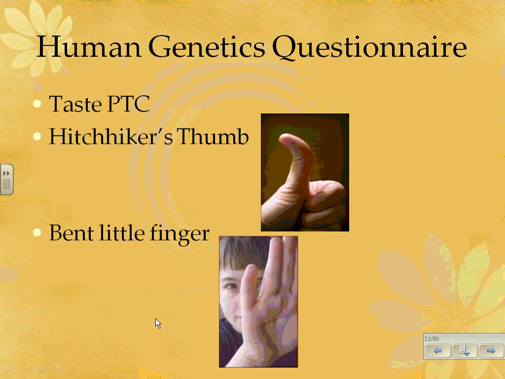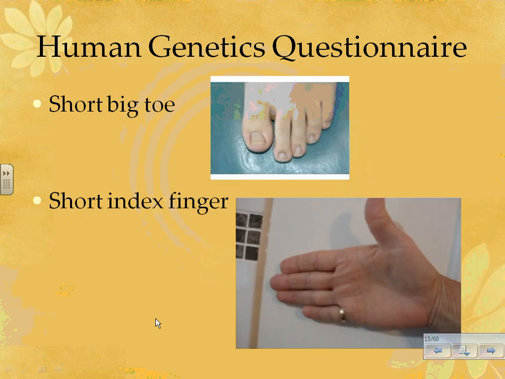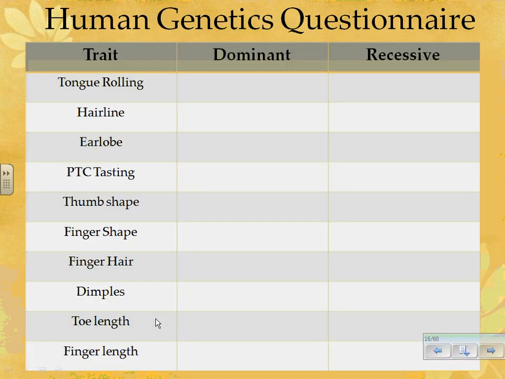Attached or free earlobes, being able to taste PTC paper, hitchhiker's thumb, bent little finger, mid-digital hair, dimples is a genetic trait, short big toe, short index finger. And in class we'll come back and take a look at ourselves and do a class sample of who's dominant and who's recessive.